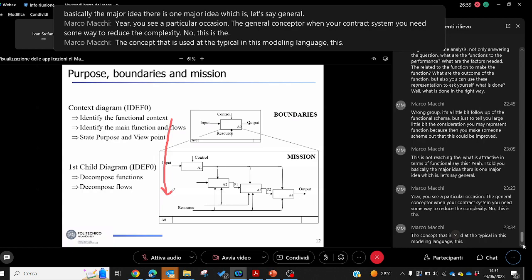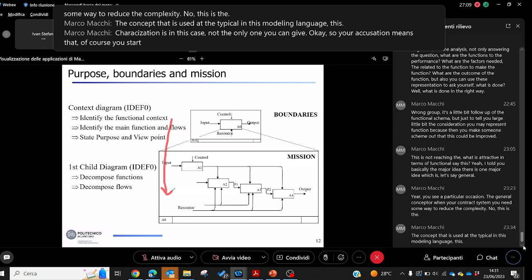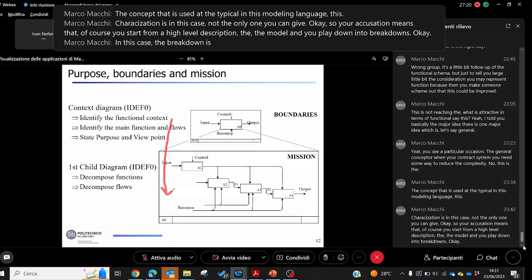Hierarchization is, in this case, a kind of approach, not the only one you can build. Okay? So, hierarchization means that, of course, you start from a high-level description in the model, and you break down into detailed breakdowns. Okay? In this case, the breakdown is done in terms of functions.